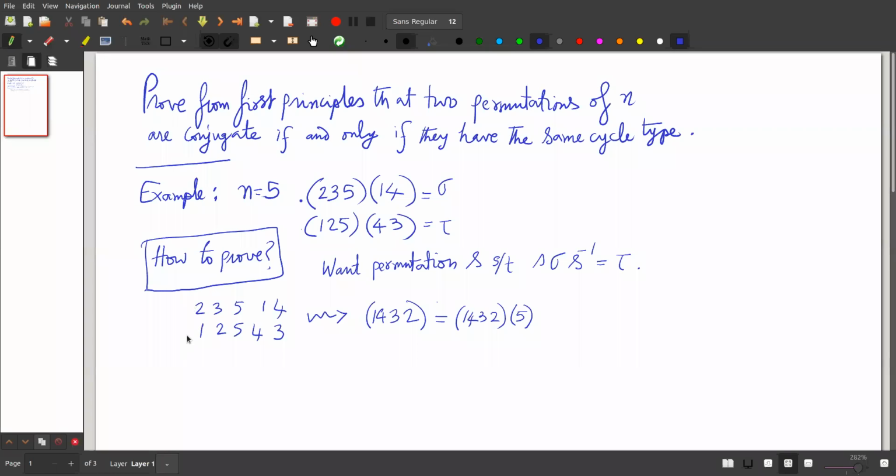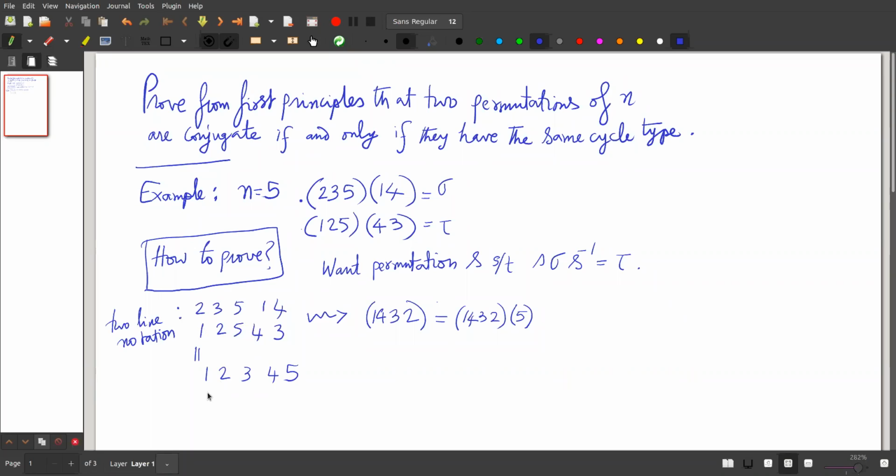The other is this two-line notation, where on top you have the integers from 1 to 5 listed in some order, and in the bottom you have the corresponding images. Let's write it more traditionally, where the top line is always 1, 2, 3, 4, 5. So can you tell me, madam, if the first row is 1, 2, 3, 4, 5 in that notation, what would this be?